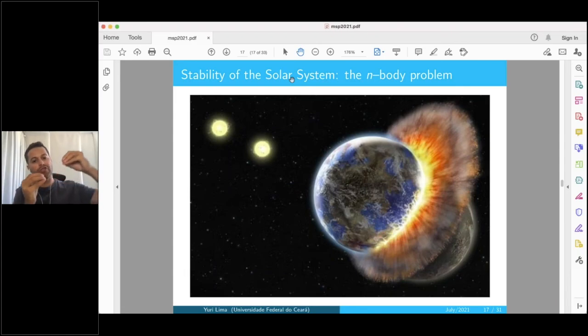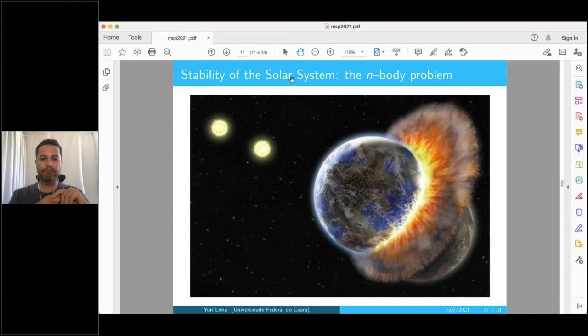So it was being ejected, and so on. So this would mean, for instance, that we would not have the amount of sunlight that Earth needs. And so this means some sort of instability for our life here.